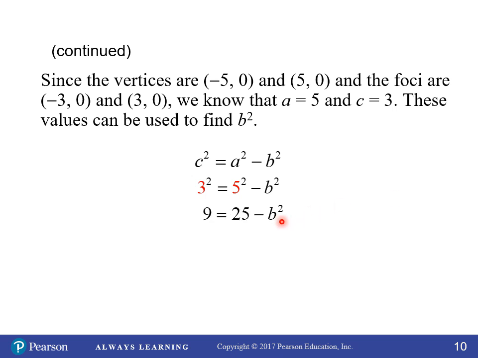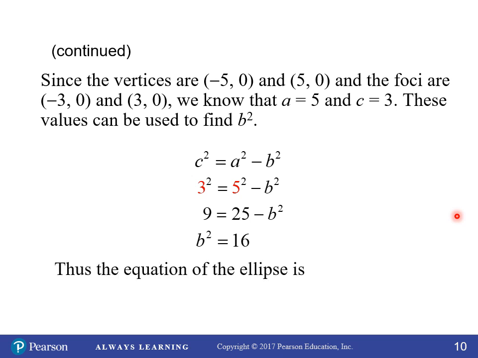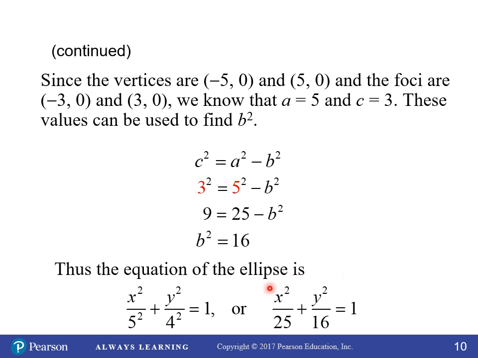If I take the b squared to the other side, it becomes positive, and 9 becomes negative, and that simplifies to 16. If we take the square root of 16, we get 4. So that's our equation when we plug in a squared and b squared. We simplify that, and here's the equation of our ellipse.